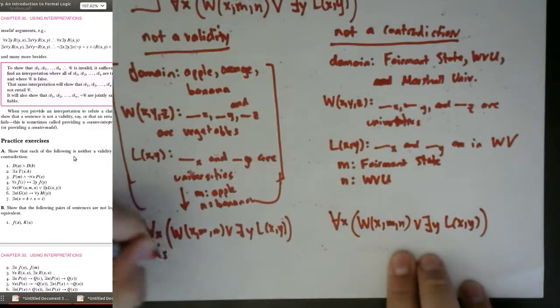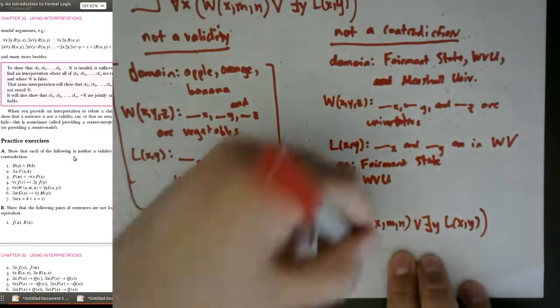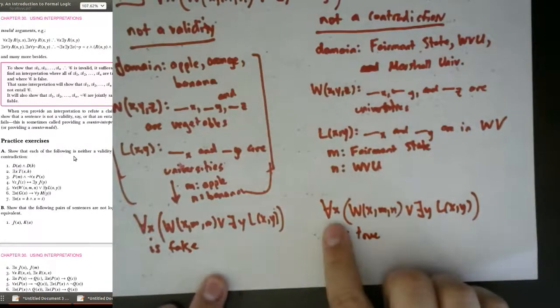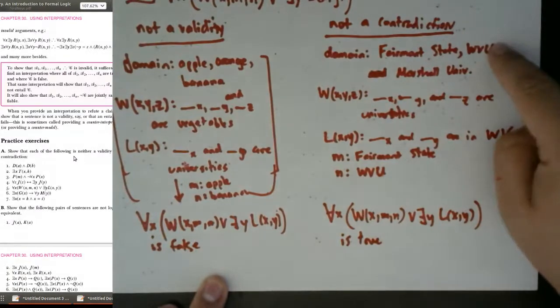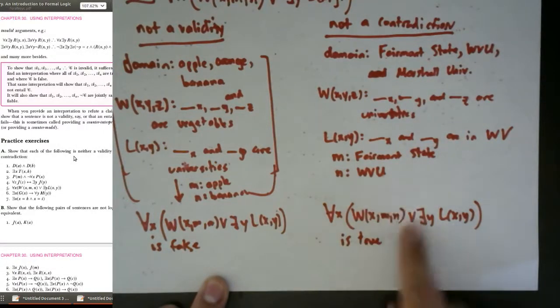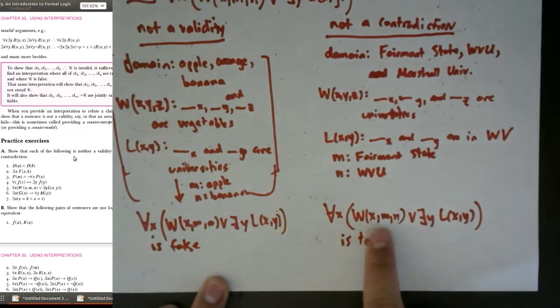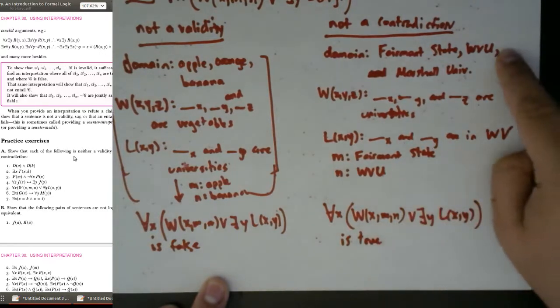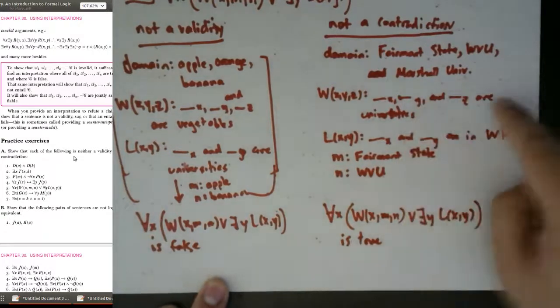Over here it was false. I didn't write that. But here it is true. Now why is it true? Because no matter what thing I pick in this domain, when that thing is substituted into this W predicate, it's going to say x, m, and n are universities. Every single thing in my domain is a university, so W is always true.